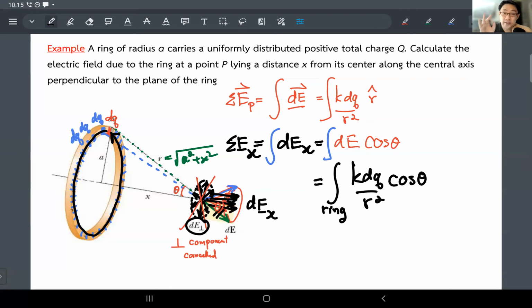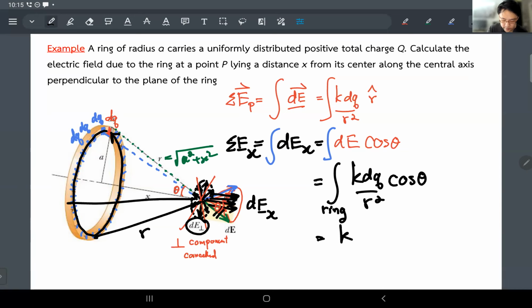Carefully pull out constants for me, guys. What are the constants that I can pull out from the integral so we can just deal with the rest? k is constant. What else? Look carefully. The r itself is constant. Because no matter where you are, the distance from the dq to point P is still r anyway.